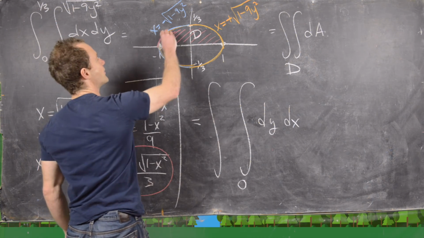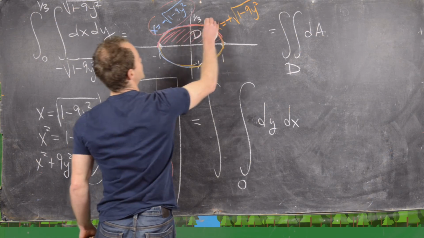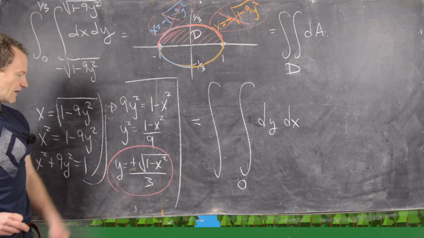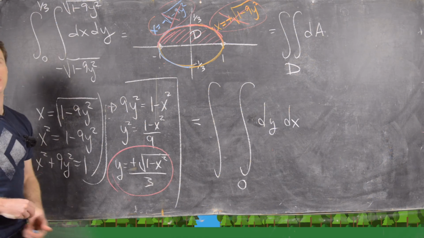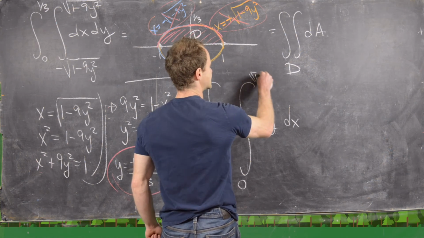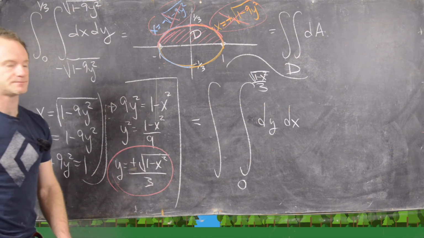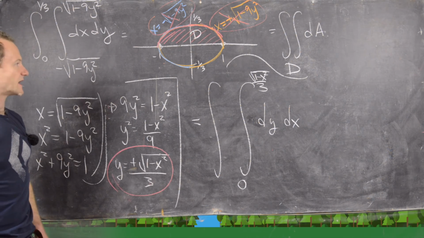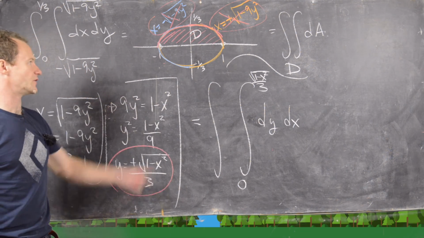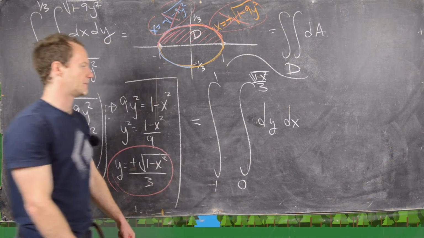So I can take this upper part of the ellipse, and instead of thinking about it written with these two pieces, I no longer need that. I can just write it with this one piece, y as a function of x. So here I can write the square root of 1 minus x squared all over 3. Great. Now next what I can do is see what my smallest x value and my largest x value are, and that's negative 1 to 1.